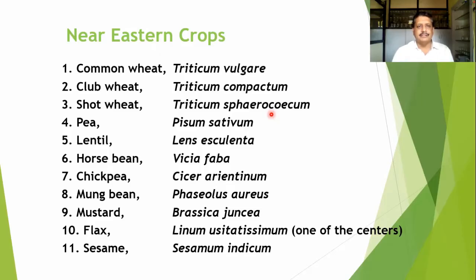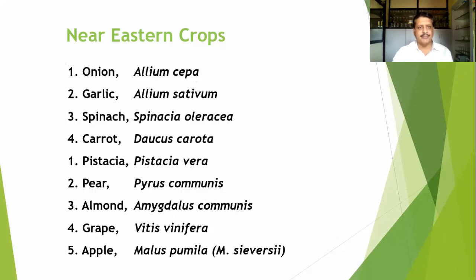A list of the plants: Triticum vulgare, Triticum compactum, Triticum spherococcum, then Pisum sativum, Lens esculenta, lentils. Then Vicia faba, Cicer arietinum, chickpea. Phaseolus aureus, Brassica juncea, Linum usitatissimum, flax, and sesame, Sesamum indicum. So these are the Near Eastern crops which originated in those regions.